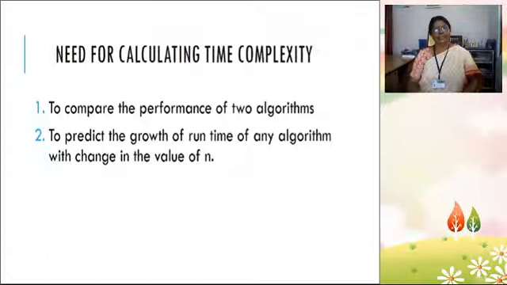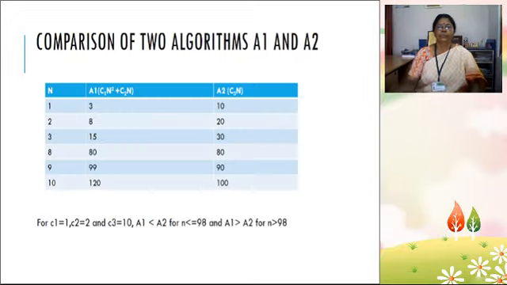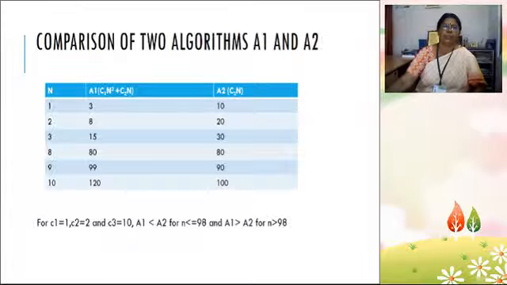As I said earlier, the behavior of the algorithm varies with the value of the inputs. So asymptotic notations will help us to compare the 2 algorithms as well as to predict the runtime of the algorithm with the change in the number of inputs.